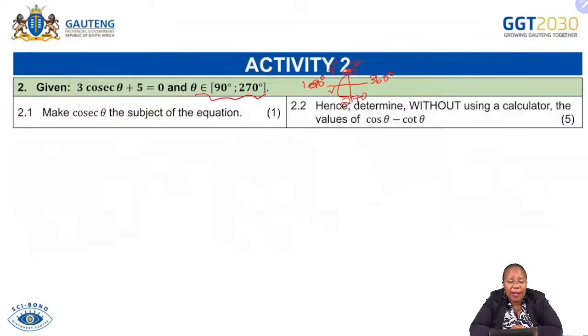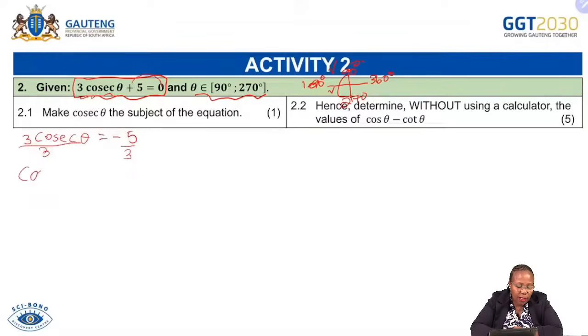Now, 2.1, they say make cosec the subject of the equation now. We are looking at that equation. We want to make cosec the subject of the formula. We are going to transpose 5 to the other side. We will be left with 3 cosec theta equals minus 5. And then we divide by 3 both sides.